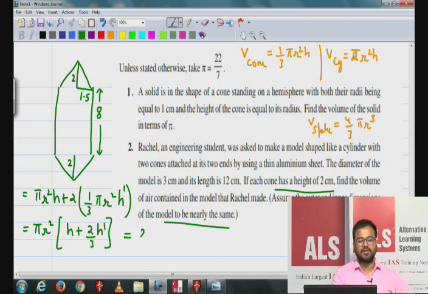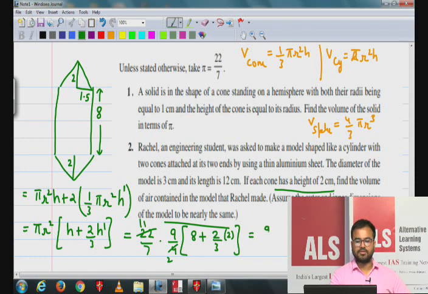Now we can write 22 by 7. Radius is 1.5, which is 3 by 2, square is 9 by 4. And the height for this cylinder is 8, plus 2 by 3 of the height of the cone, which is 2. So this will cancel out 2 times, this will cancel out 11 times.